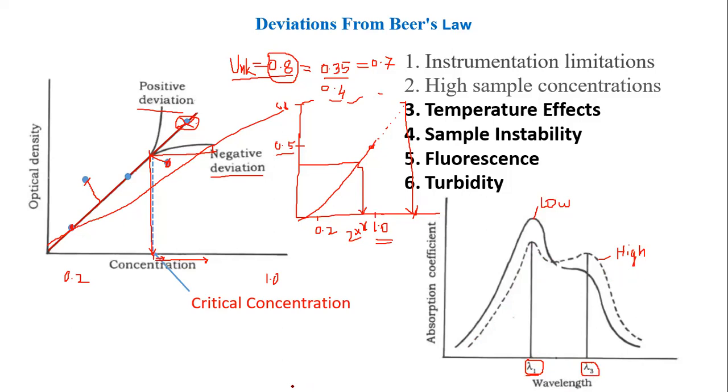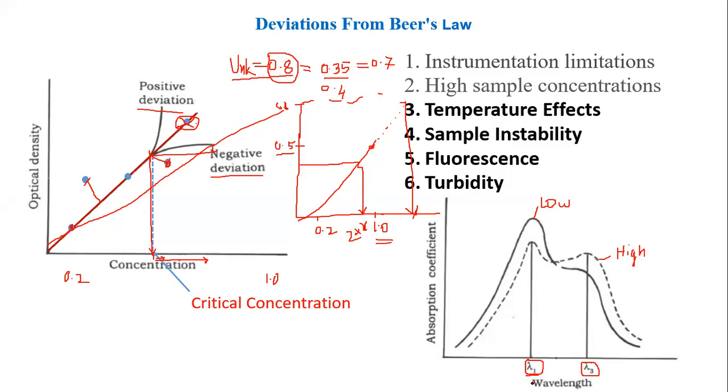Now my question is that at high concentration at lambda 1, it is showing negative deviation, right? That means the extent of OD at high concentration at lambda 1 should have been more, but it is less. At low concentration, it is much more at lambda 1, but at high concentration, it drops at lambda 1.